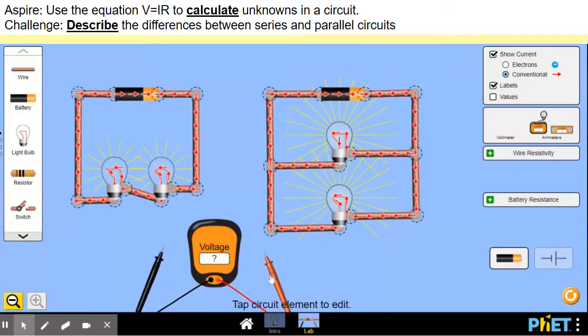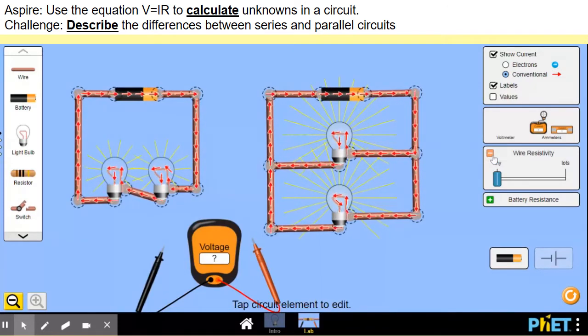While I'm here, you'll notice over here we can add some wire resistivity. If you were to do this experiment in class, it still works fine, but the numbers are never quite perfect. That's because in the real world, the wires themselves, the leads themselves, have got a little bit of resistance.